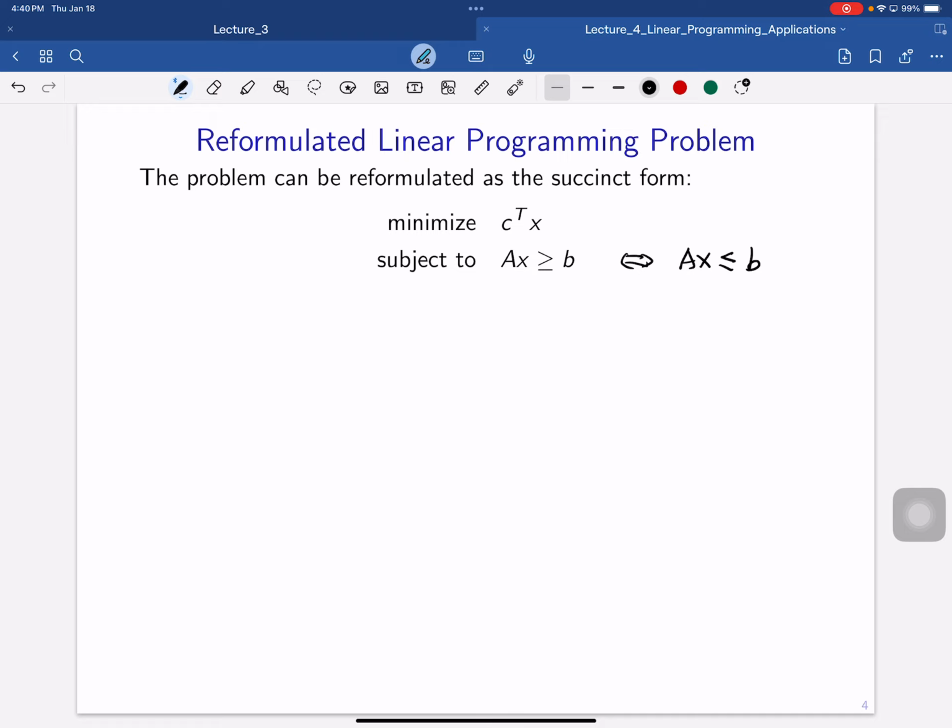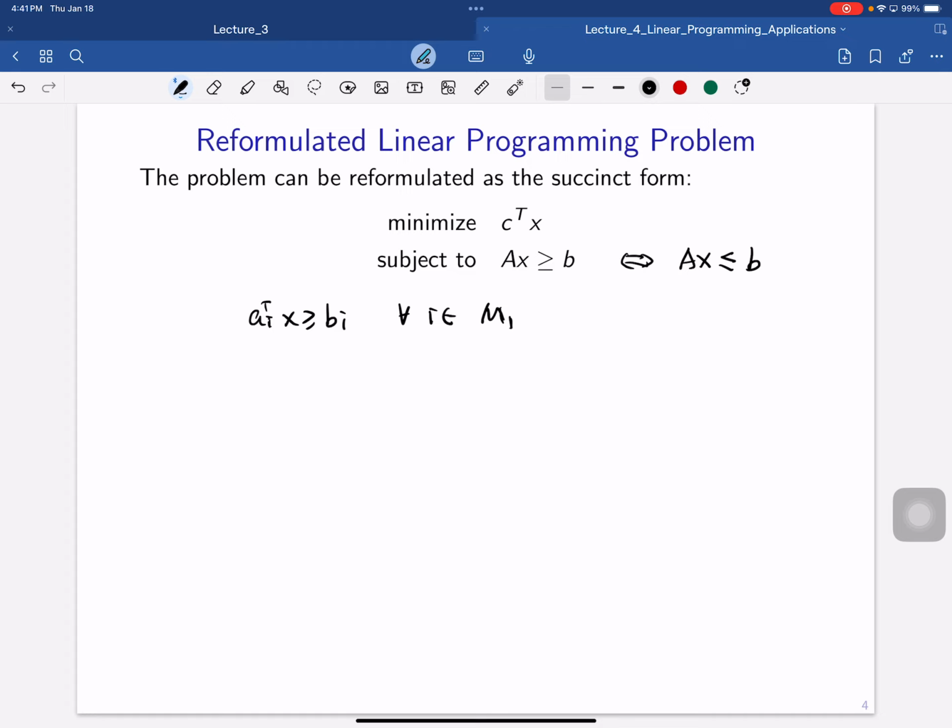So why is this the case? Let's do some very simple manipulation of those constraints. Remember, the first set of constraints we have in the previous case is a_i transpose x greater than or equal to b_i for all i in M1. For this set of constraints, there is nothing we have to do, they are already in the Ax greater than or equal to b form.